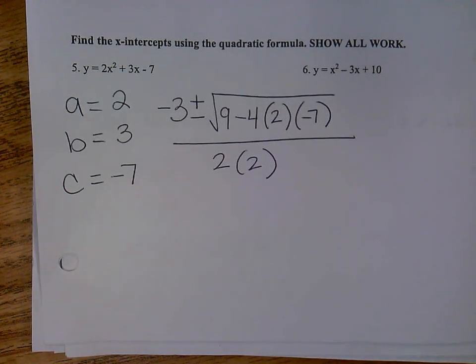How did you do at least setting up where the numbers go? Okay, see if you can simplify it. You can leave it in reduced radical form, or as a decimal.